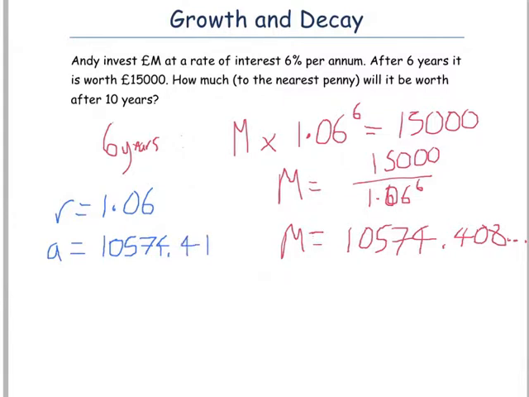Now what we're asked is to find the value after 10 years to the nearest penny. So now we've got our original value and we know that the common ratio is 1.06. We're going to put it to the power of 10 years.